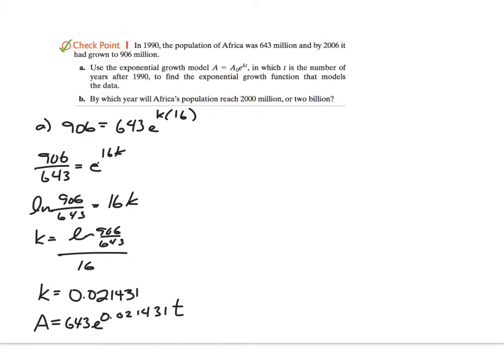Now we start by dividing both sides by 643, take the ln of both sides, and then solve for k to get the ln of 906 divided by 643, all divided by 16. Our k value is 0.021431. Then we plug that into our model to give us the model of population growth.